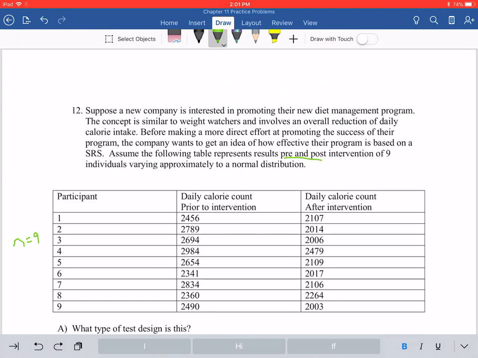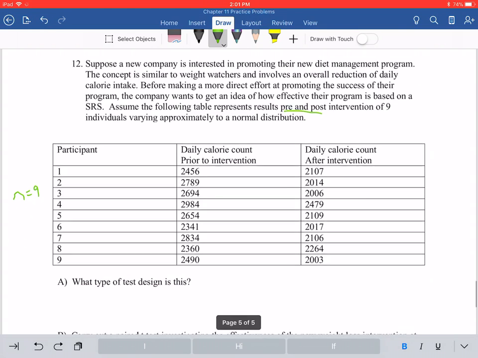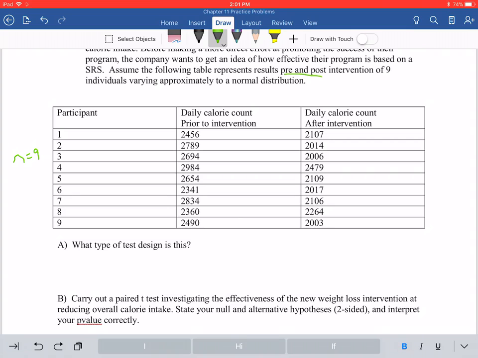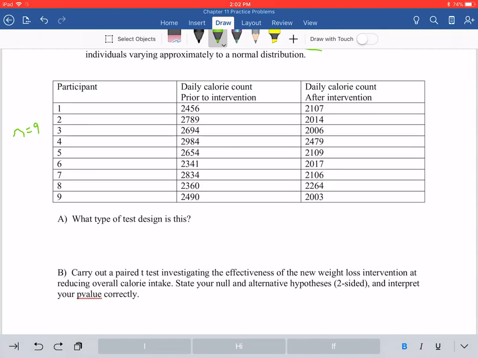Just based off this, we know we're going to be calculating a delta automatically right away, because we're doing a pre-post intervention match pair. Setting up the problem and reading it, the first part is what type of test design this is, so we already know it's going to be pre-post, or you can say paired sample.